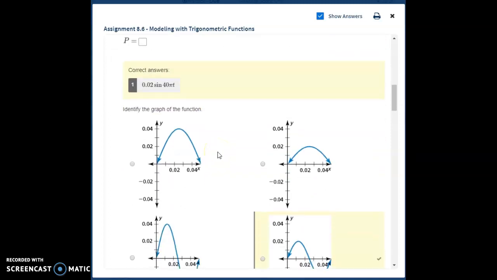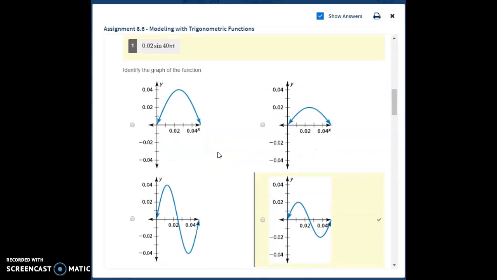So now, what is the graph that goes with it? It has 0.02 as the maximum height, so it wouldn't be this one or this one, so it could be here or here.